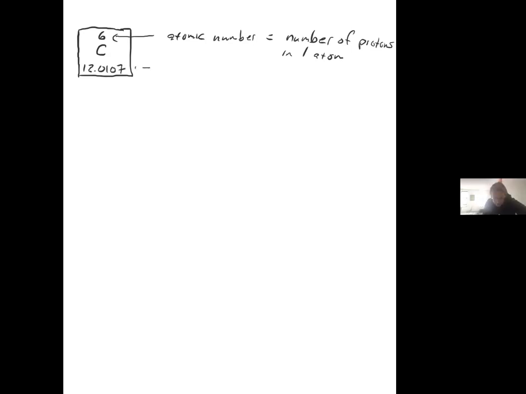This is called the atomic mass. And it's the mass of one atom. So if you were weighing carbon atoms, the weight of one carbon atom is 12.0107. The units are AMU. So it has units, right? These are AMU, which just stands for atomic mass units.